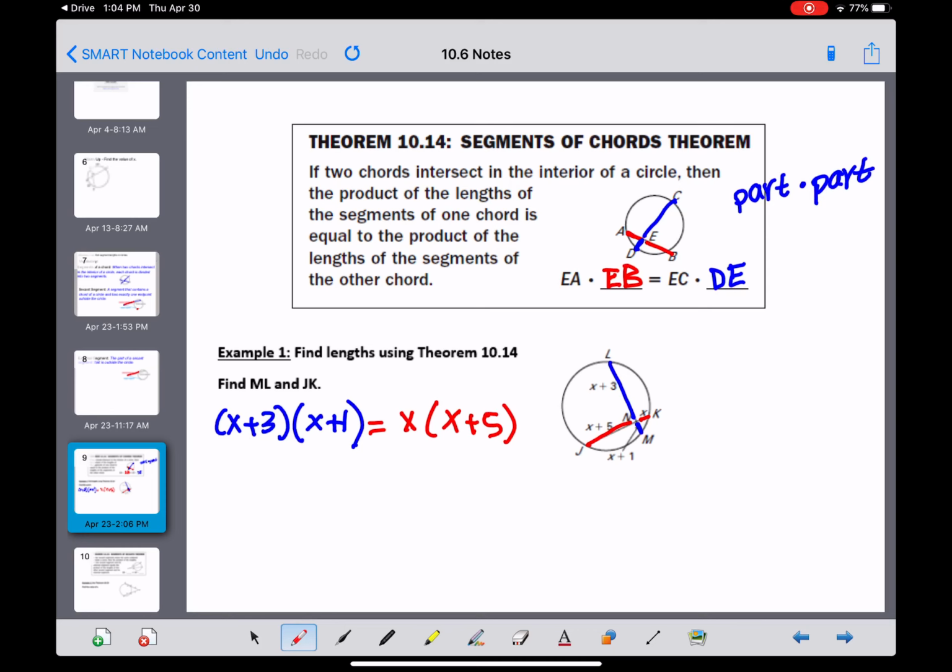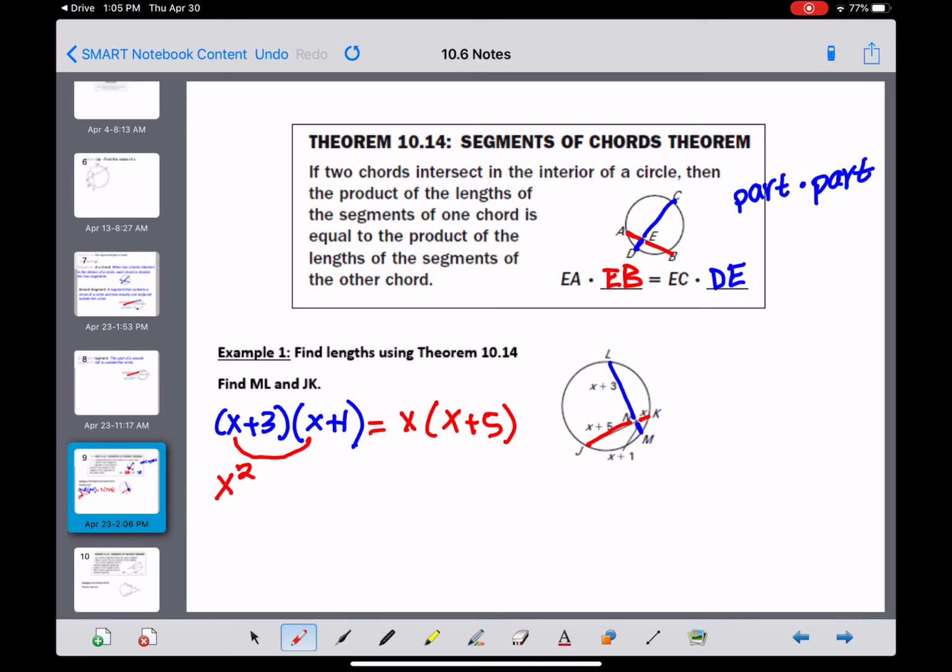For the left side of the equation, we're going to have to do something similar to what we did in 10.1, where we used FOIL, or the distributive property. So you're going to take this X and multiply it times the first X, so X times X, which is X squared.